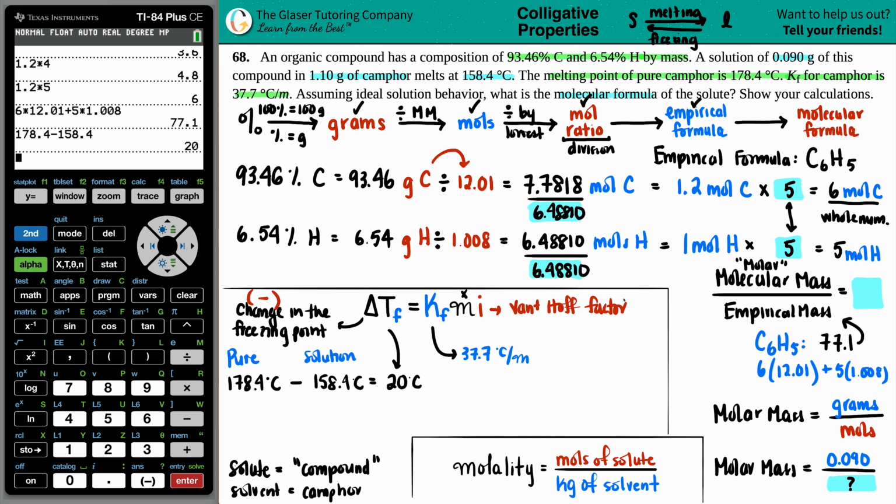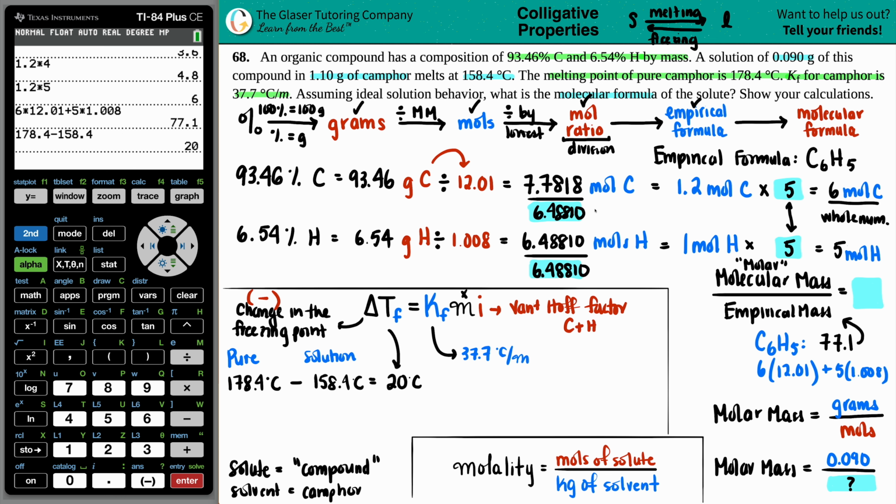The Van 't Hoff factor basically determines if a solute is either an electrolyte or a non-electrolyte. If it is a non-electrolyte, your I value is going to be 1. But if your compound starts dissolving into different ions, that's an electrolyte, and your I value is going to be anywhere from 2 to 3, 4, 5. But this all comes down to what elements are in your solute. Now in this case, we have two elements in the solute, carbon and hydrogen.